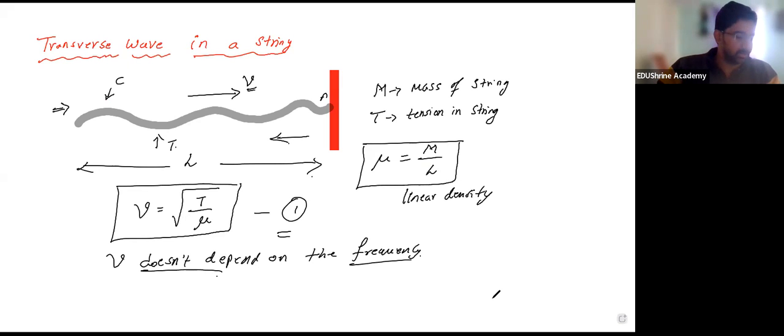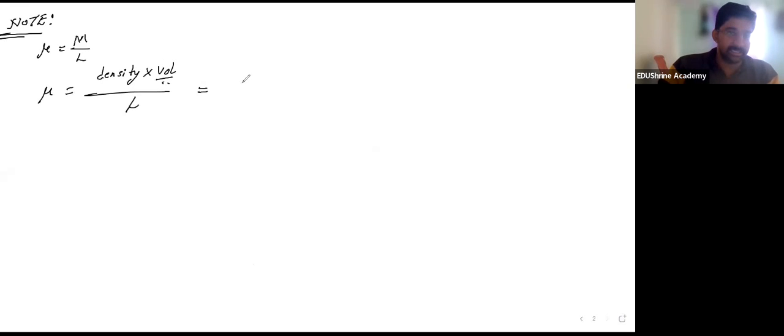Now, in the next part, if you want to see the linear mass density, we have taken mu as m by L. You can see it under the note point. Under the note, mu is equal to m by L. We know that this mass can be converted into density into volume, divided by L. For density we use the symbol rho.